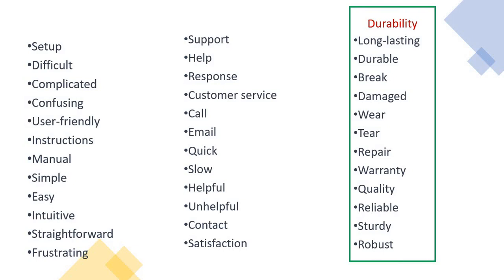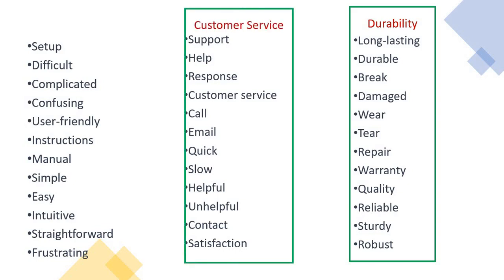So the person analyzing these words decides that these are the words in which customers or reviewers are discussing the durability of the company's product. There is another group of words: support, help, response, customer service, etc. So they call this topic customer service.